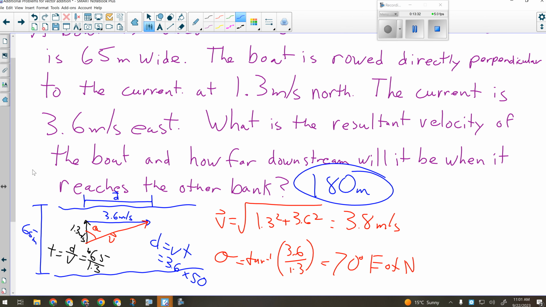Okay, that was one of the two kinds of boat questions. What kind? Was that rowing across or going across? That was rowing across. Okay, I'm going to put a going across question up here.